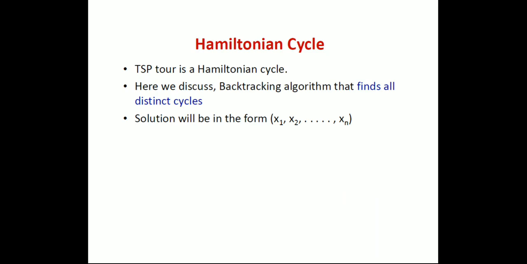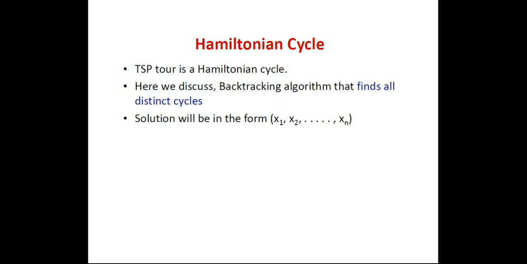In other words, if a Hamiltonian cycle begins at some vertex V1 in the graph G and the vertices of graph G are visited in the order V1, V2 and so on till Vn+1, then the edges (Vi, Vi+1) are in the edge set E, and the Vi are distinct except for V1 and Vn+1, which are equal.